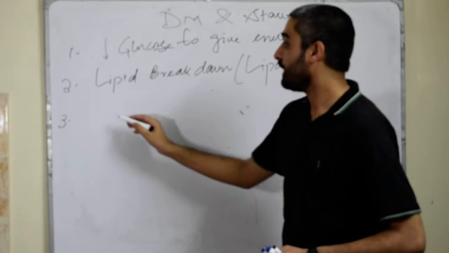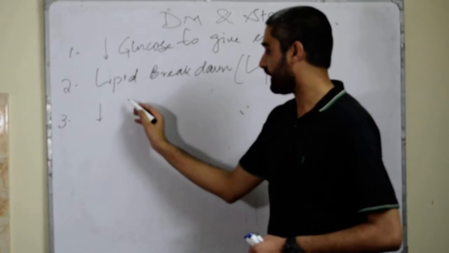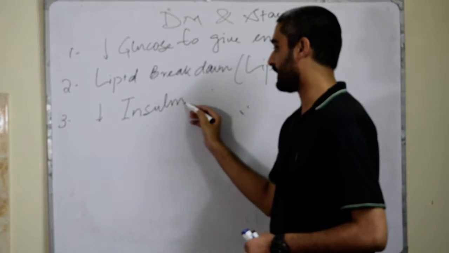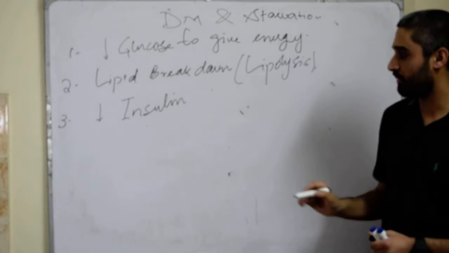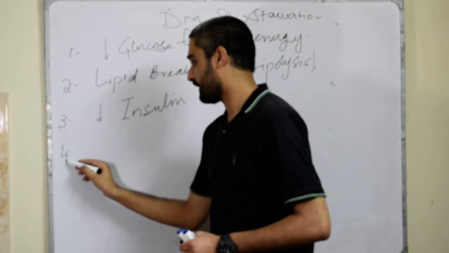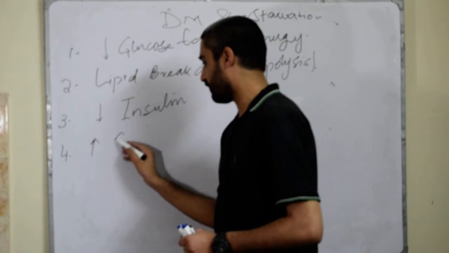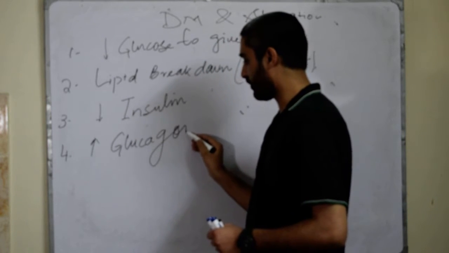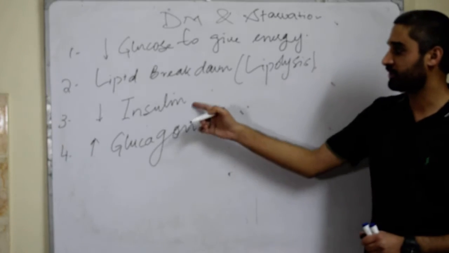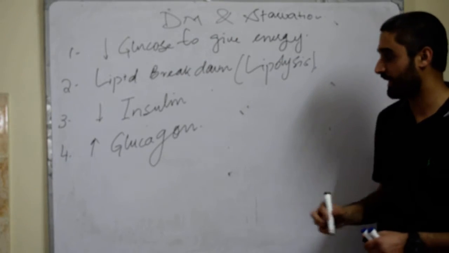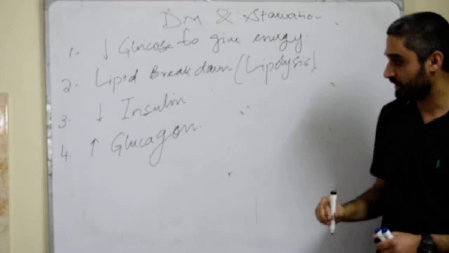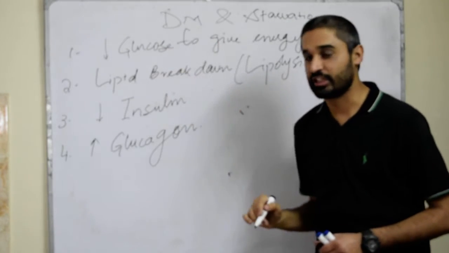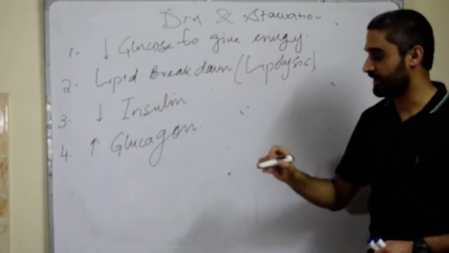Number 3, there will be less amount of insulin hormone. Number 4, there will be more amount of glucagon, in diabetes mellitus as well as in starvation.